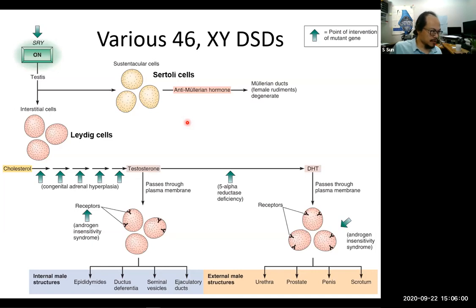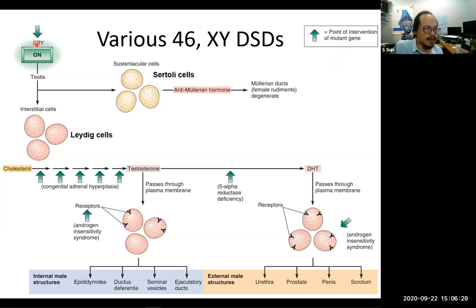So here is the pathway throughout the infant embryo development to develop into these sex structures. So let's not worry about the green first. Green is a point where there is a mutation that the gene doesn't work, doesn't function. So let's look at the normal first.